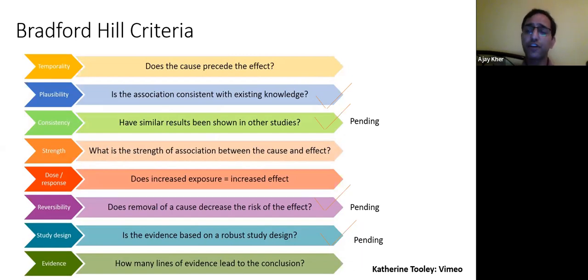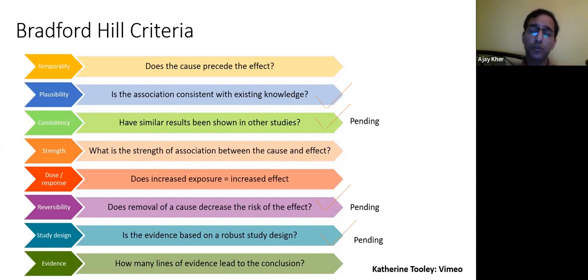So they don't have the first part of it, but they do have the second and the third part. Is the association consistent with the existing knowledge? As we looked at all the other evidence that they quote and that is already out there, it seems consistent. Have similar results been shown in other studies? So yes, as we talked about, there is certain evidence, but we would need more, especially more clinical evidence for this antibody and its role.